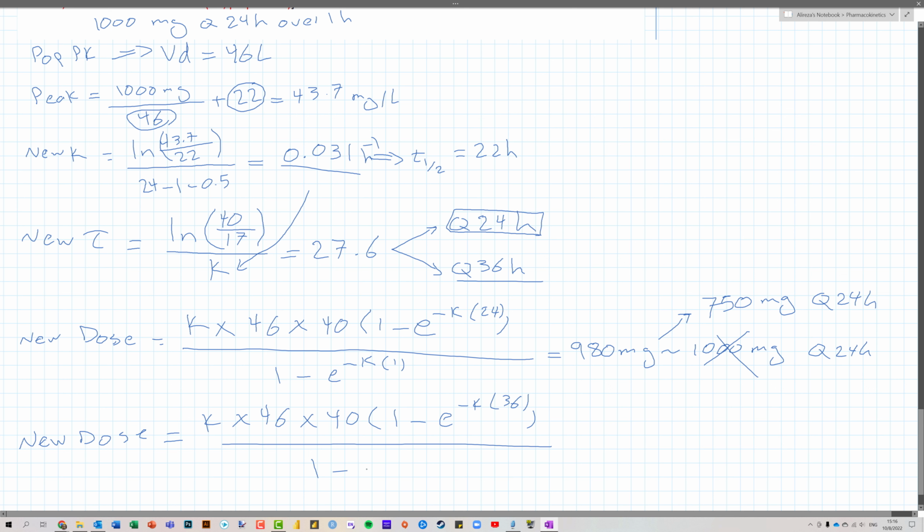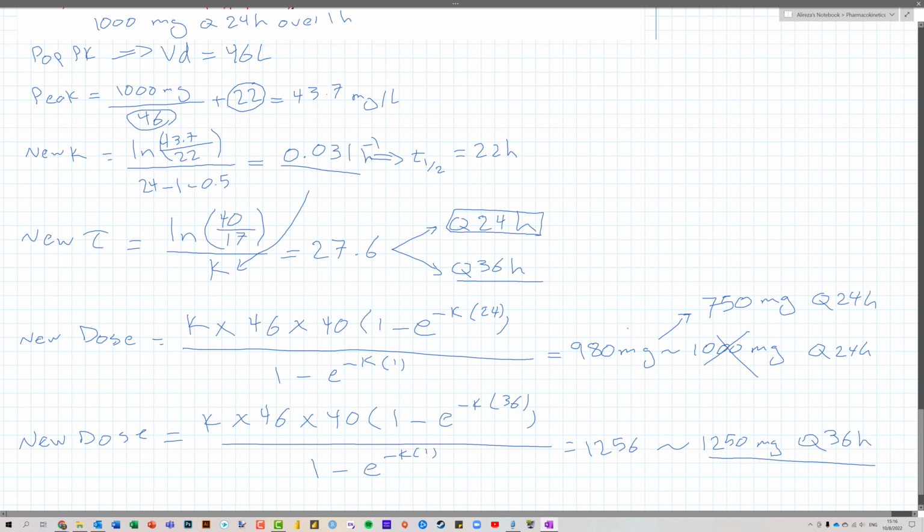And the denominator would be the same, 1 minus e to the negative K times 1, and this will give you 1256, which we can round to 1250. Even though the dose is higher than what we had given the patient, the interval is longer, so the body has more time to clear it. So we can test this to see what happens.